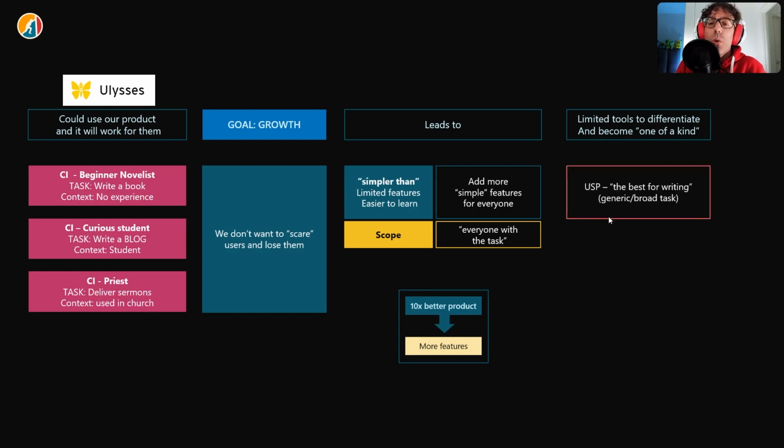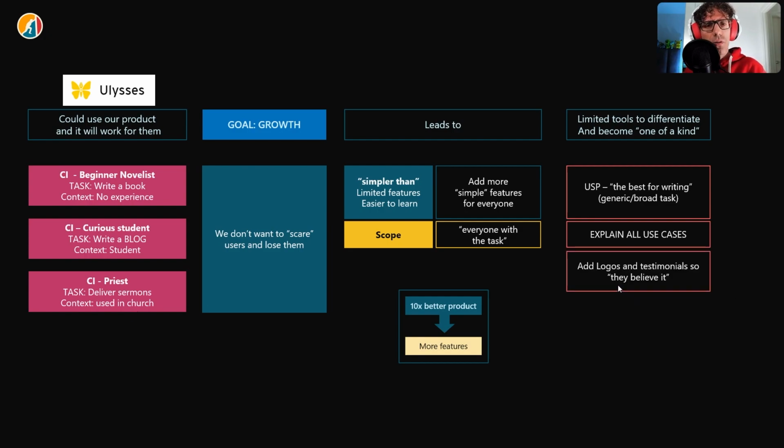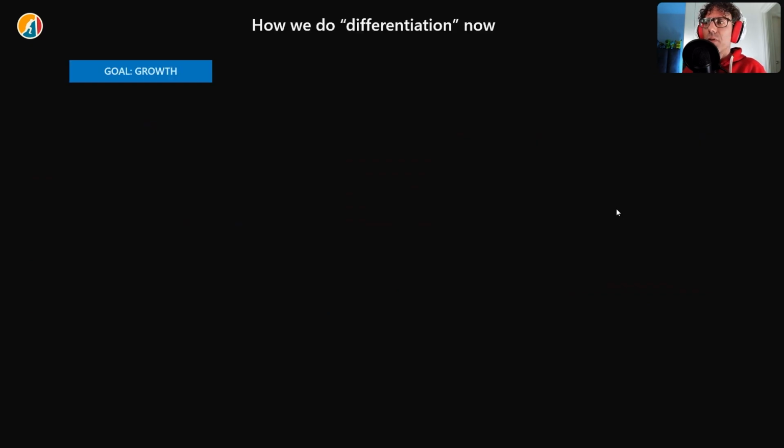But the USP that we will use will be something like, okay, this is for any writing, but hey, we are the best for anything. To prove that, we're going to explain all these cases in detail so you are convinced that we are the best. And to prove all of that, yeah, let me bring some logos here that prove what I said before.